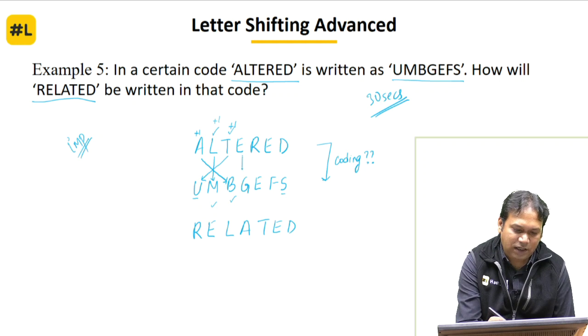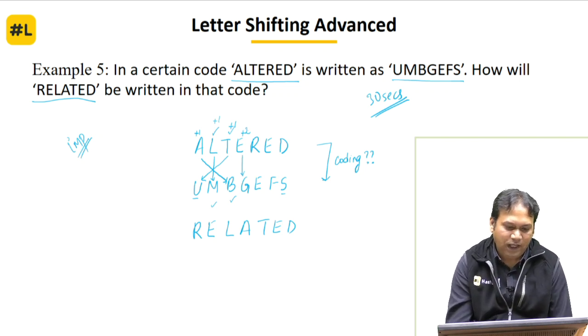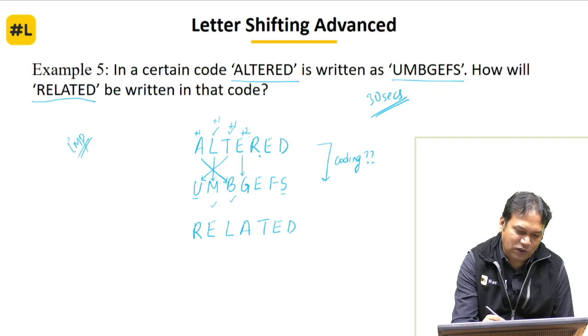Now E and G below: E, F, G, we are moving 2 forward, not 1, forward by 2. And again we could do the same cross coding here.